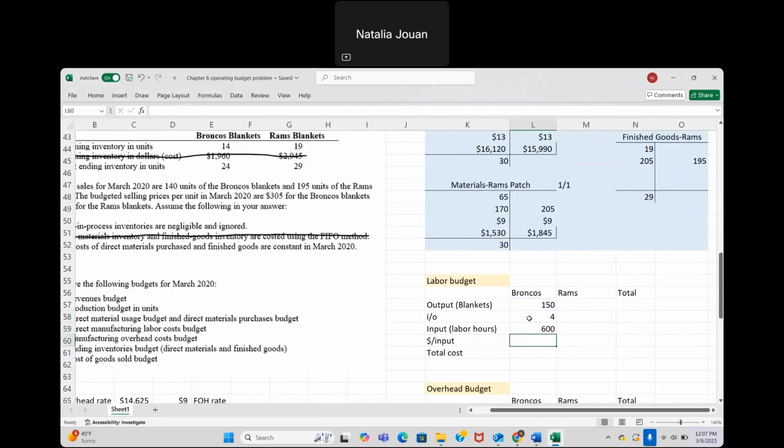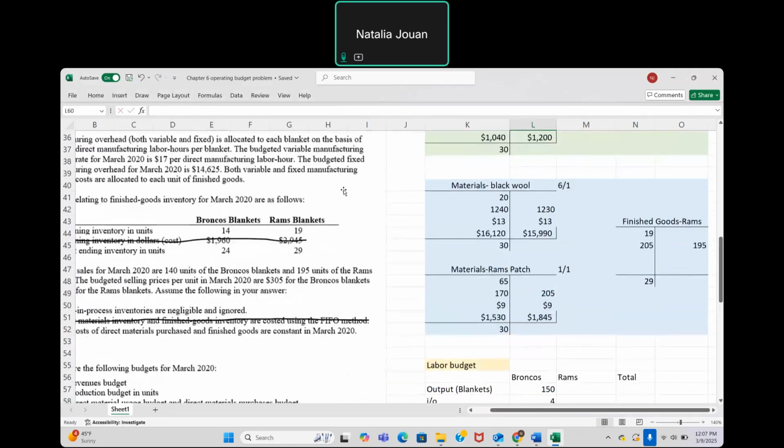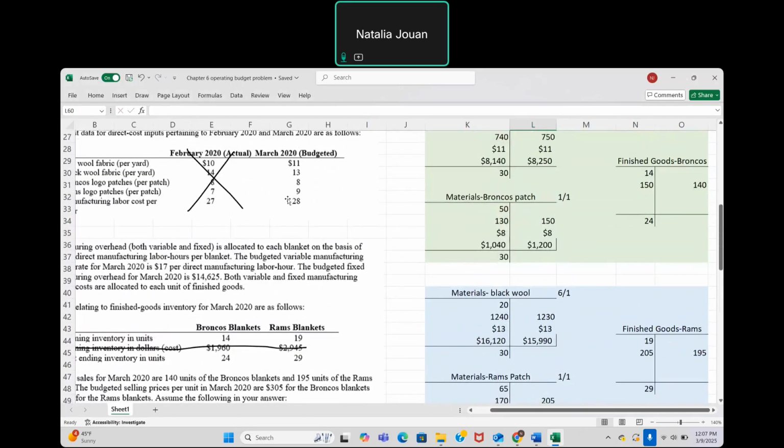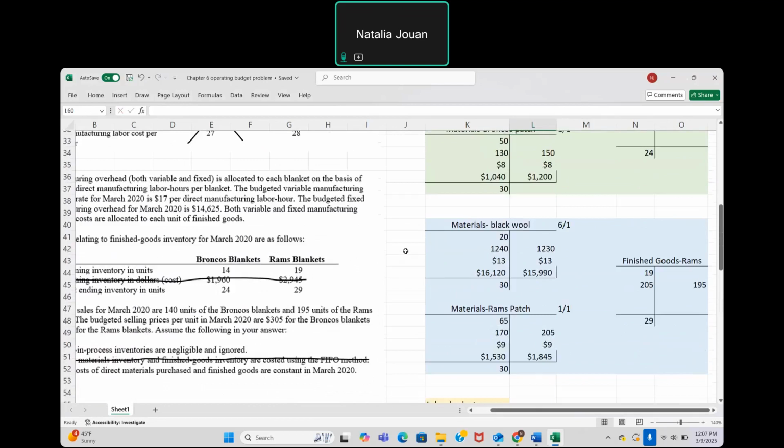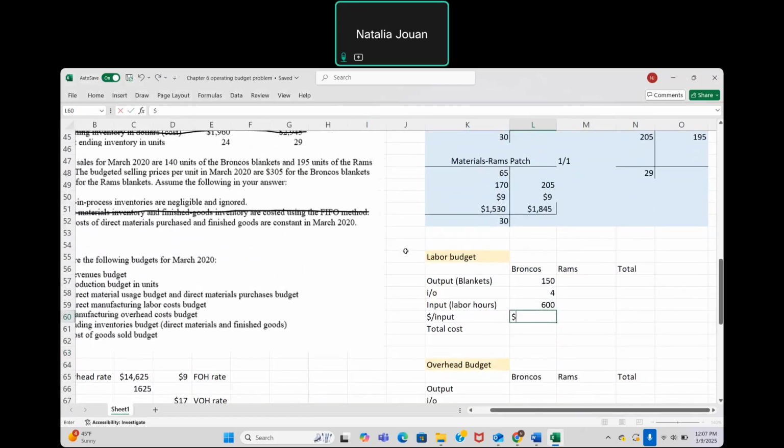We need 600 hours. And we know, because we have the pricing here, that we pay $28 an hour to our employees. Now we switch to financial measure, we put a dollar amount, $28. So 600 hours times 28, 16,800.